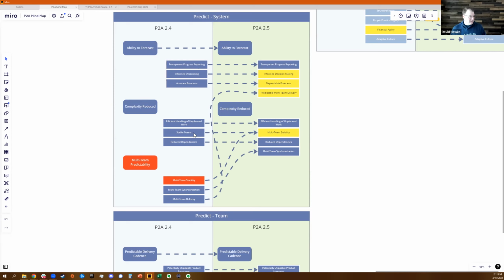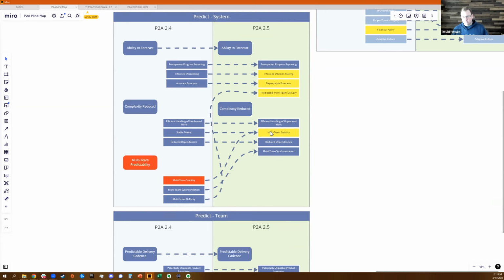But we also found there was some duplication, like stable teams and multi-team stability were pretty similar, so we merged those into one capability. Multi-team synchronization is now nested underneath complexity reduced. Delivery is now under ability to forecast. And underneath these, there are lots of wording improvements and refinements.